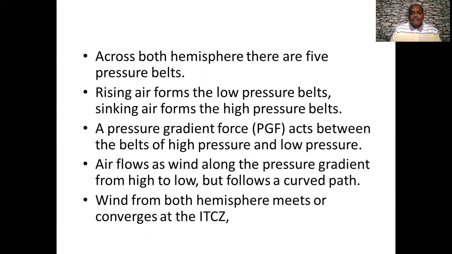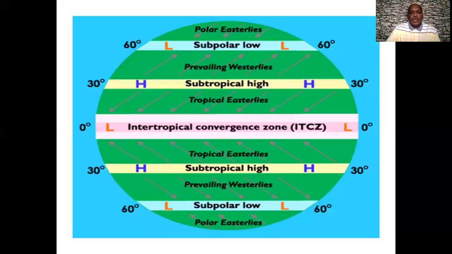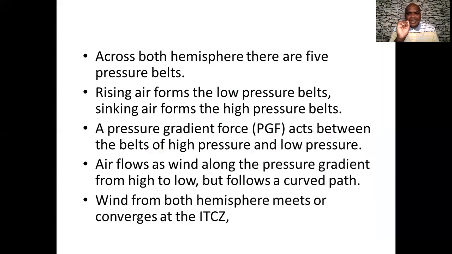Since we have the pressure belts, the force that acts between them is the pressure gradient force. Pressure gradient force is the force that acts between a high pressure belt and a low pressure belt. Air flows as wind along the pressure gradients from high to low, but it follows a curved path.